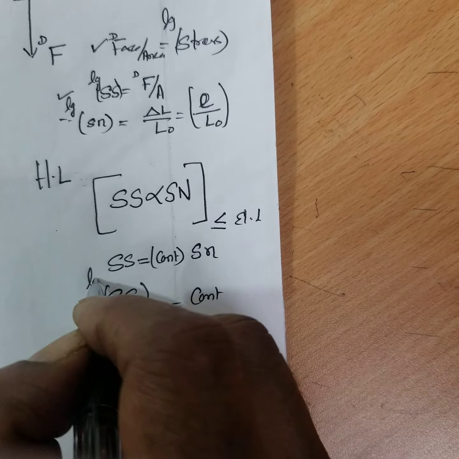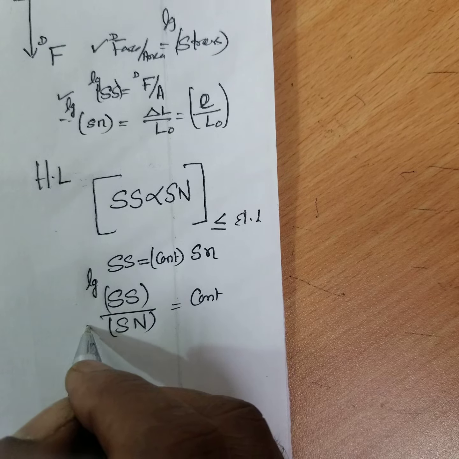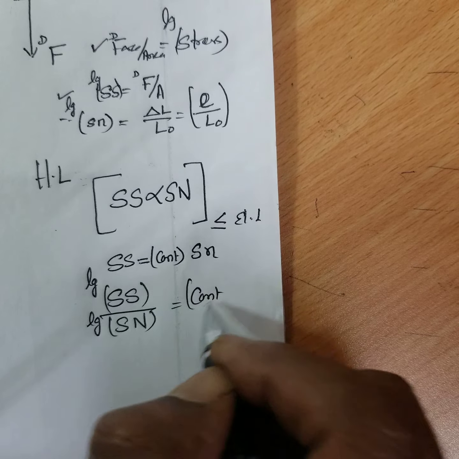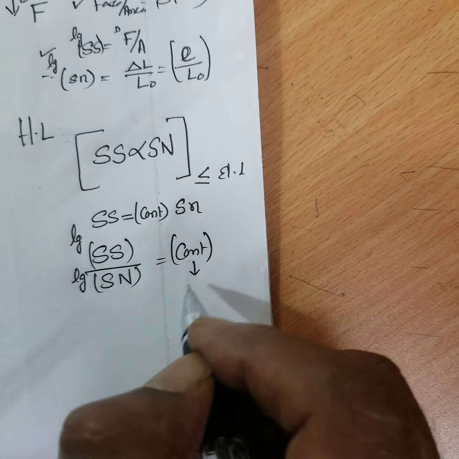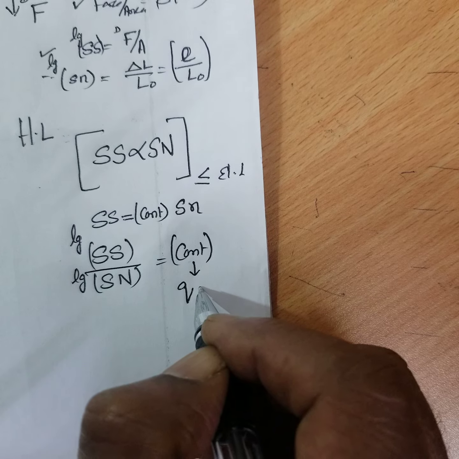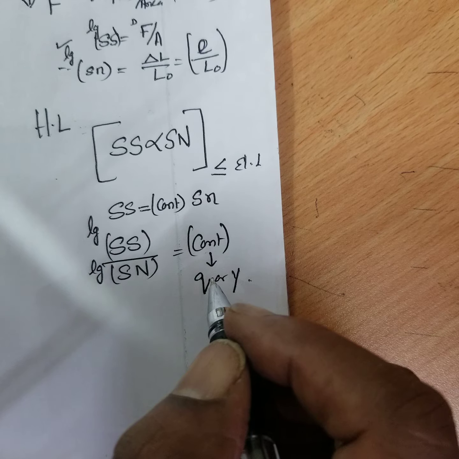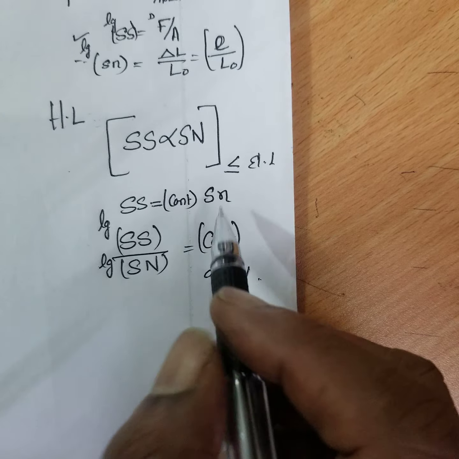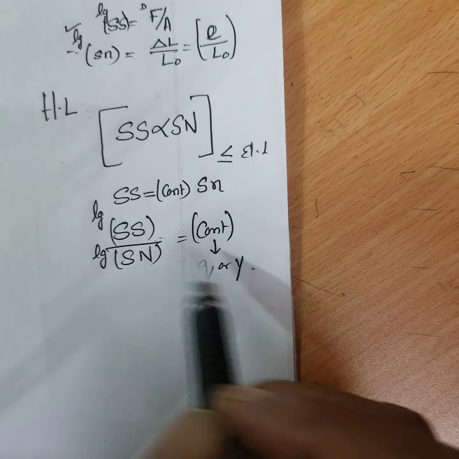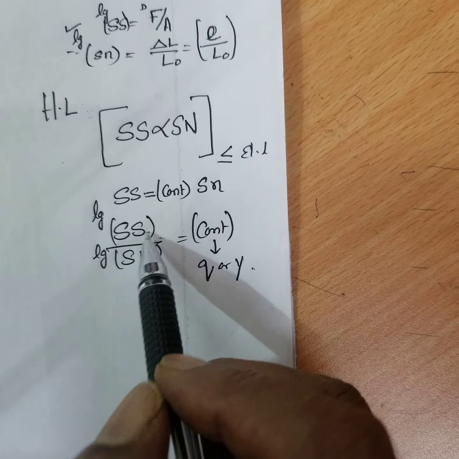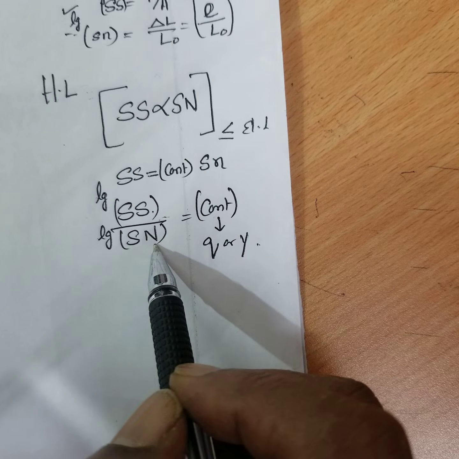Here longitudinal stress divided by longitudinal strain is equal to this constant. This constant is called Young's modulus, capital Y. Therefore, how to define Young's modulus? Young's modulus is the ratio of longitudinal stress to longitudinal strain.